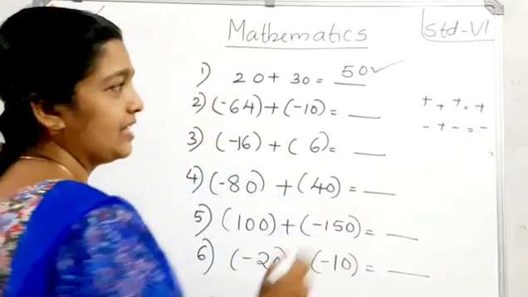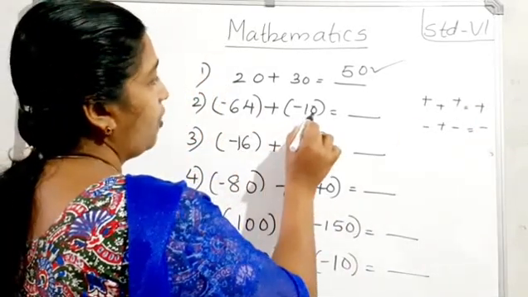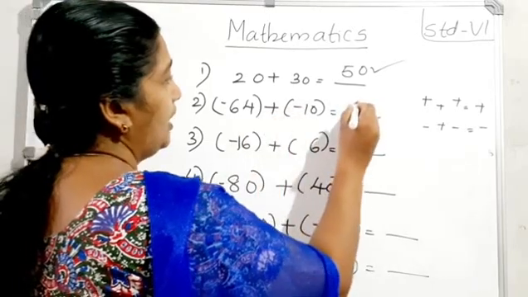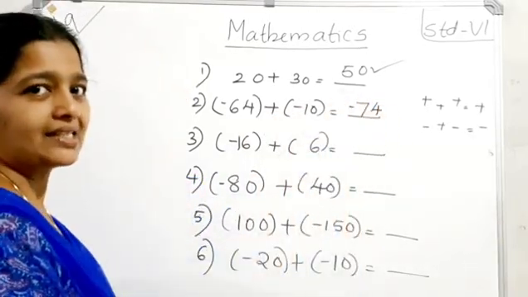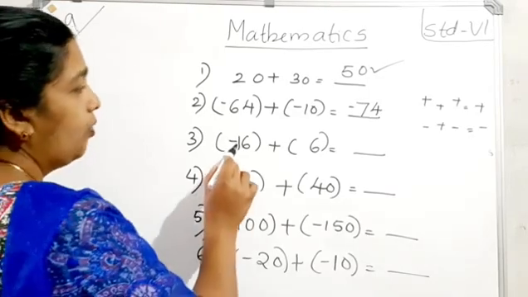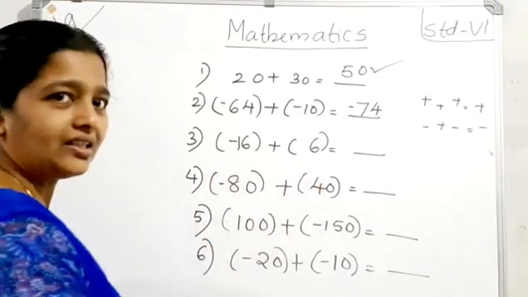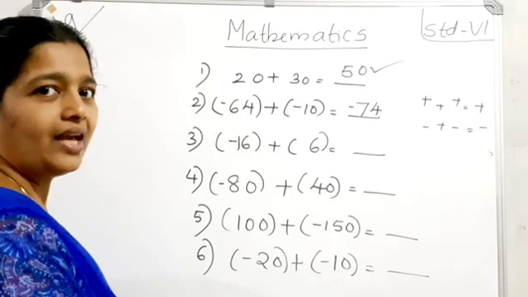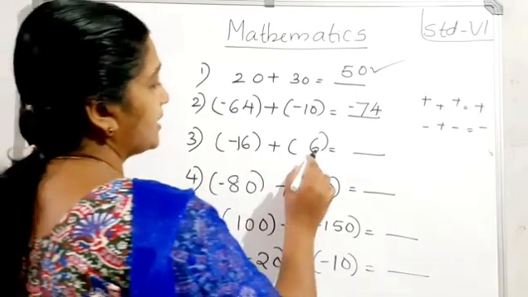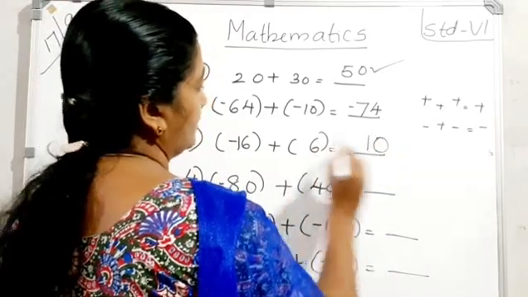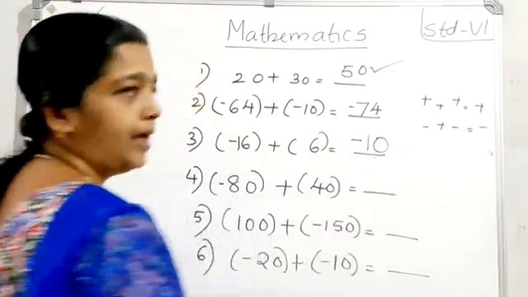Understand? That is -64 plus -10 equals, and put the minus symbol. Minus. Clear? Next. One positive and one negative, that is subtraction. 60 minus 6 equals 54. Then which symbol? Minus symbol.